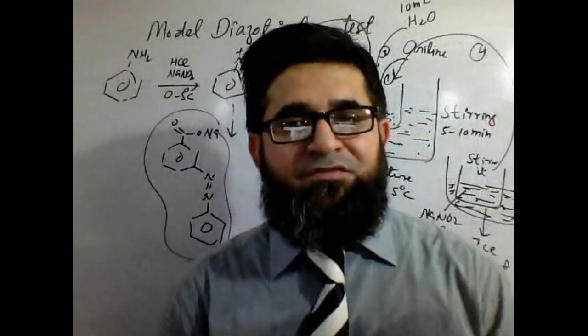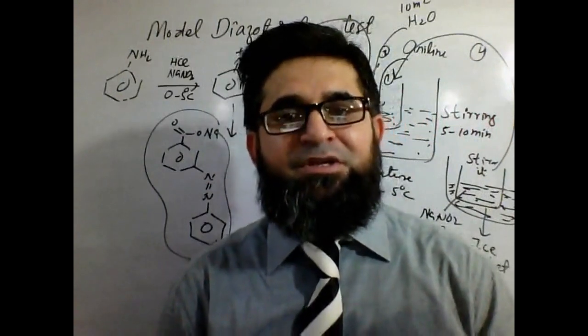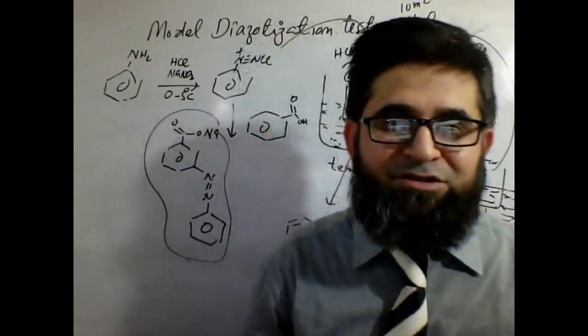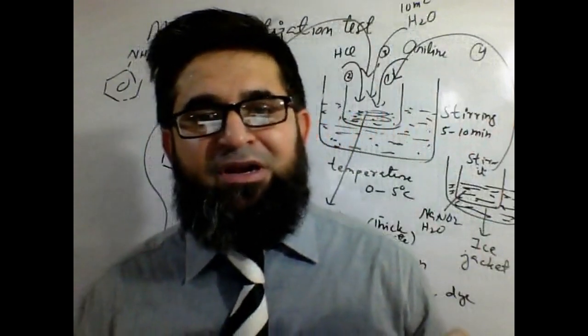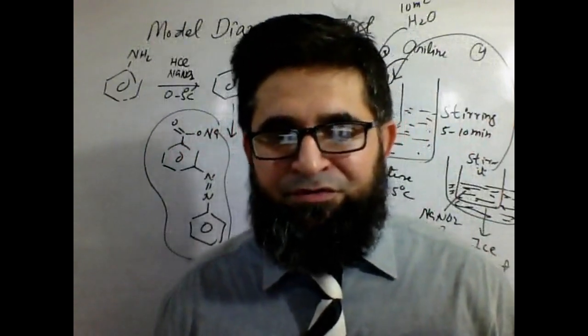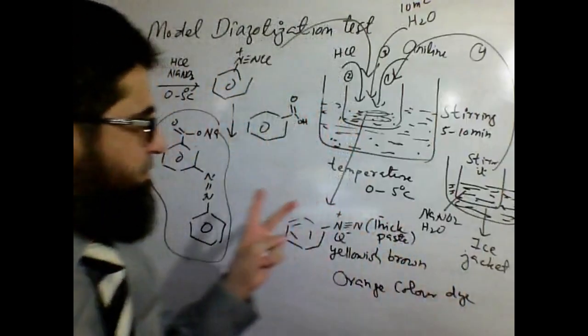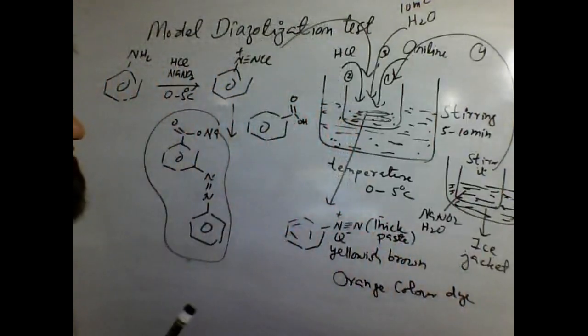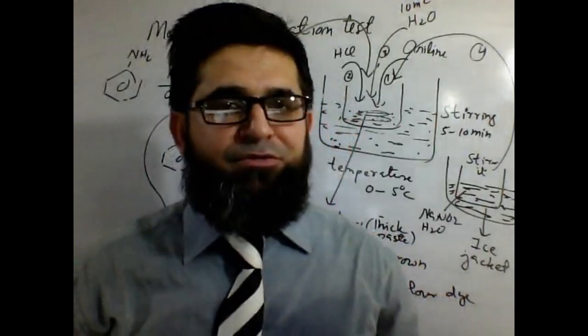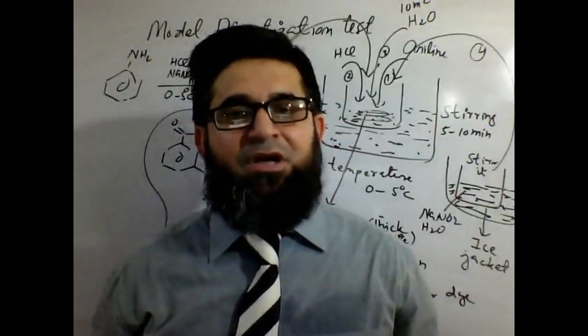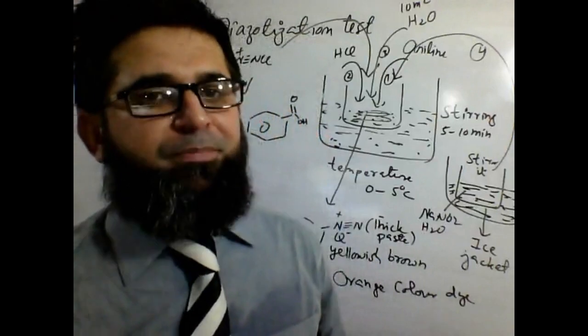What is very important in this procedure is that the temperature should be controlled. It should be less than 5 degrees, from 0 to 5, most importantly, because with the rise of the temperature, the diazonium salt will lose its ability to undergo coupling with the aromatic ring.